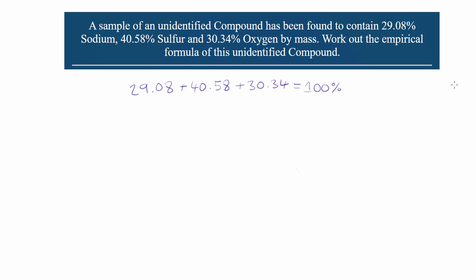The next thing I'm going to try and do, because what I want to be able to do is compare the elements, right? I want to be able to compare their quantities, but what we've got here is percentages by mass. It's not very easy to compare them because they have different molar masses, different relative atomic masses, each of them. So I need to convert it first into a format that enables me to really compare the actual amount of them, rather than trying to compare the mass, which is not exactly directly helpful.